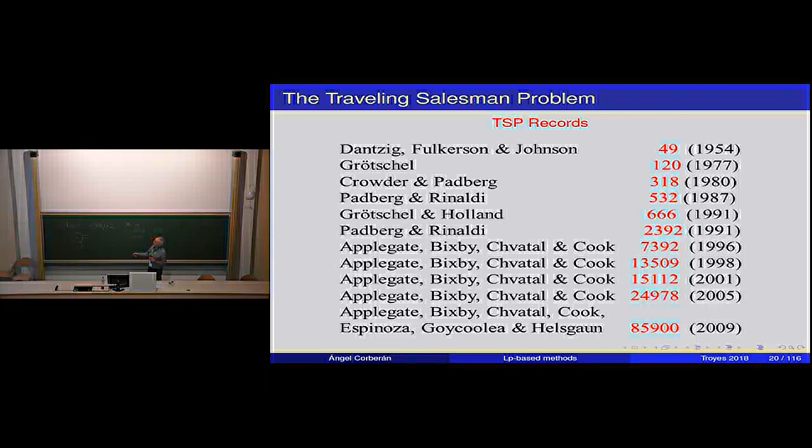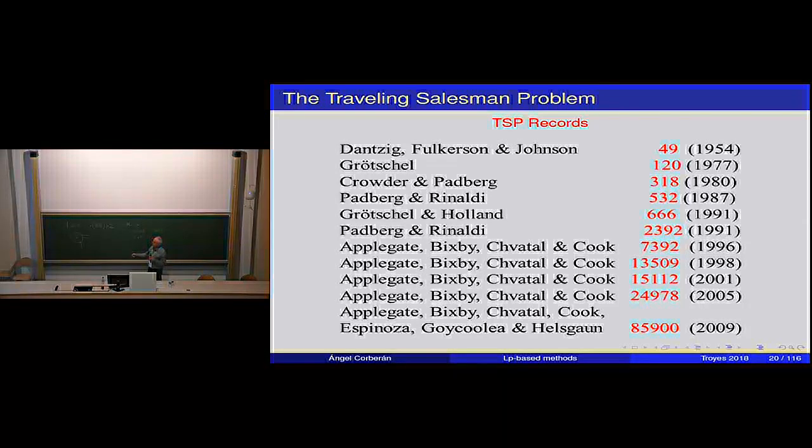Also Crowder and Padberg solved this famous instance in the 80s. Giovanni Rinaldi was with Manfred Padberg in New York working on that, and they made a very nice improvement on TSP algorithms until solving this instance.